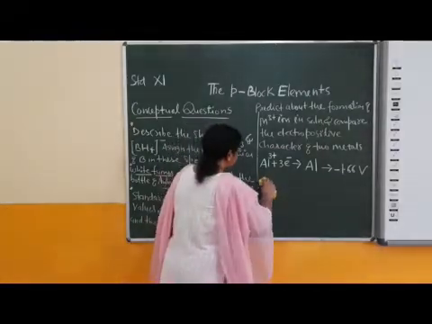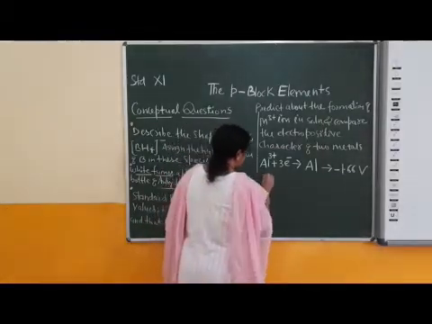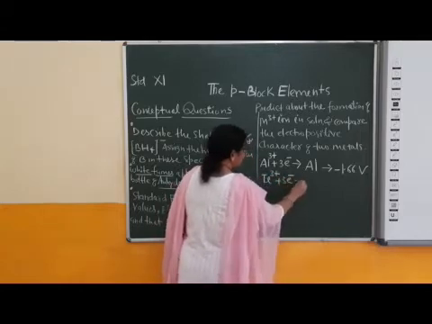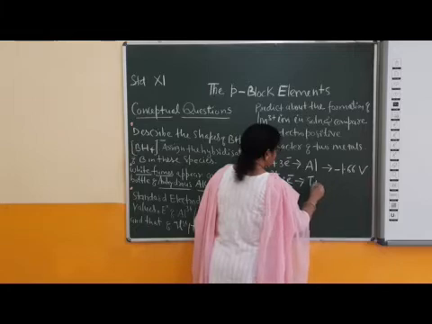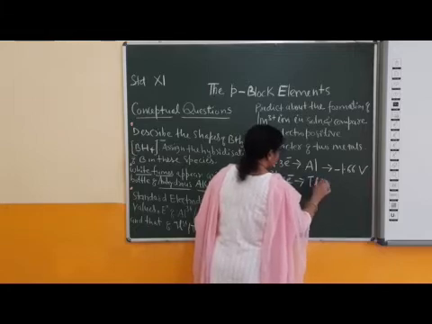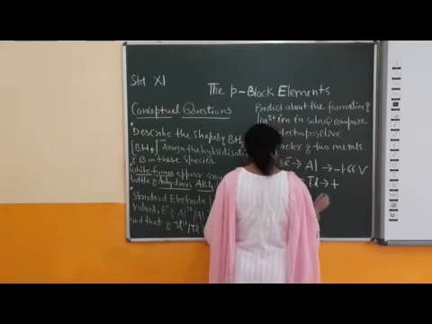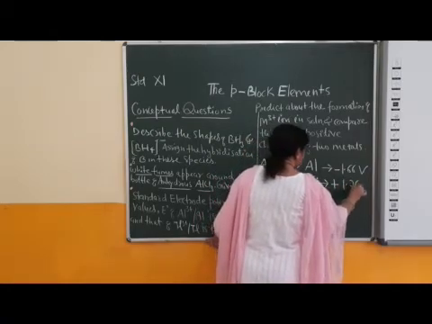Second is thallium. Tl³⁺ plus 3 moles of electrons gives thallium. For this the potential is positive, which is 1.26 volt.